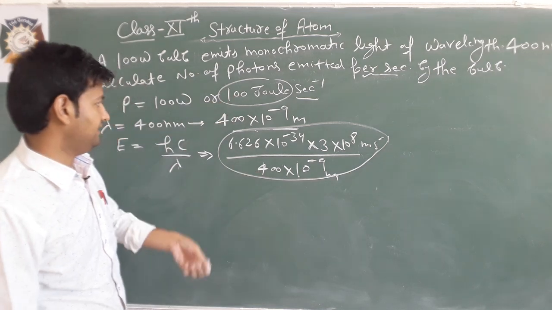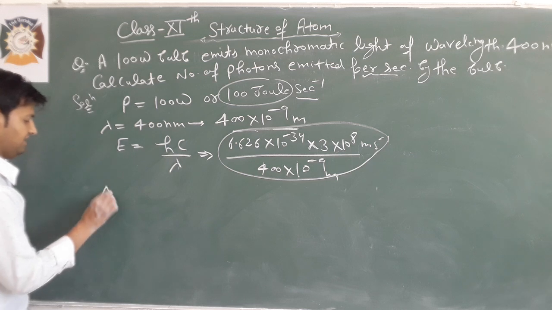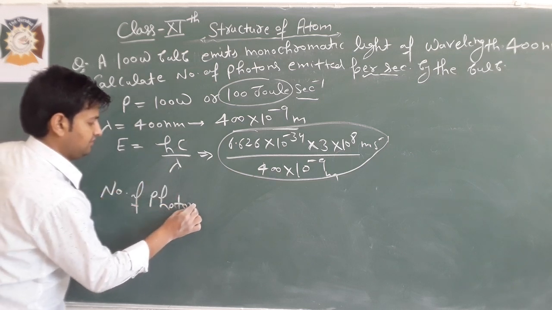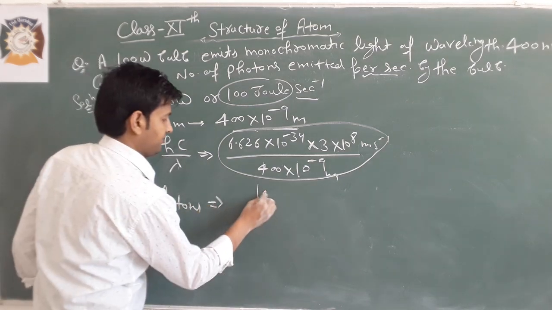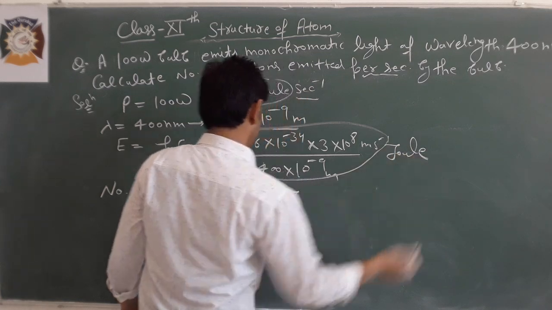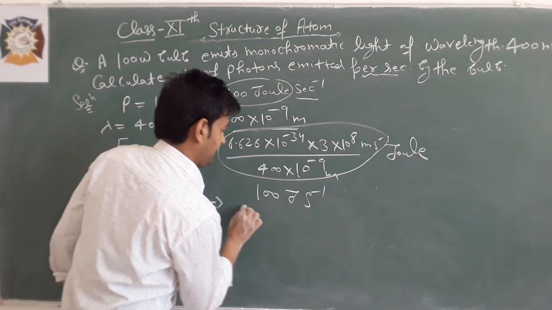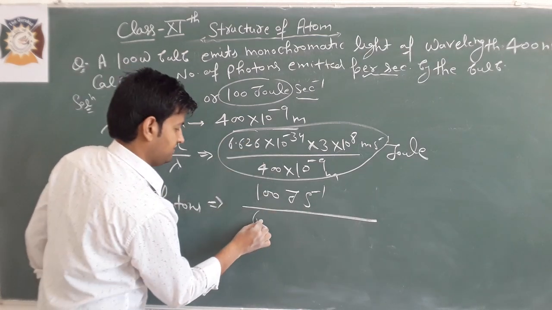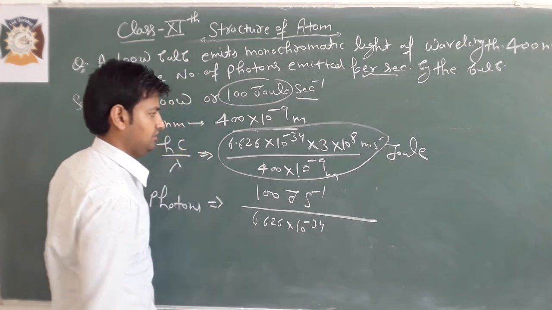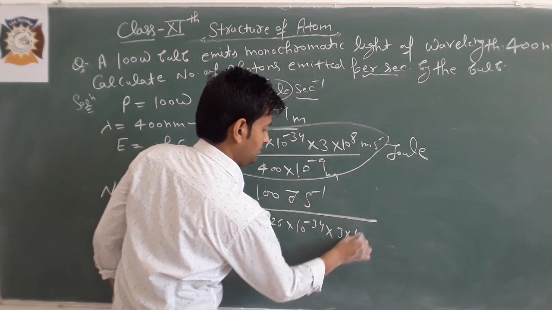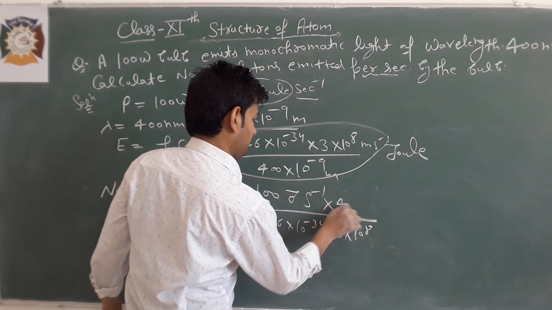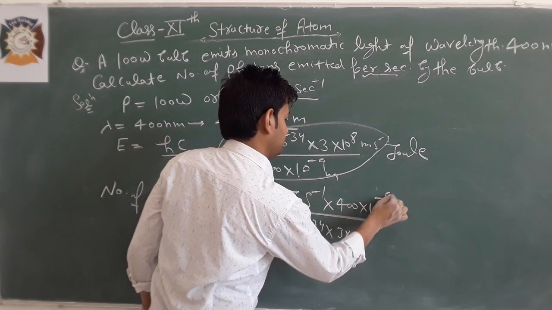The number of photons is equal to 100 joule per second divided by 6.626 into 10 to the power minus 34 into 3 into 10 to the power 8, over 400 into 10 to the power minus 9.